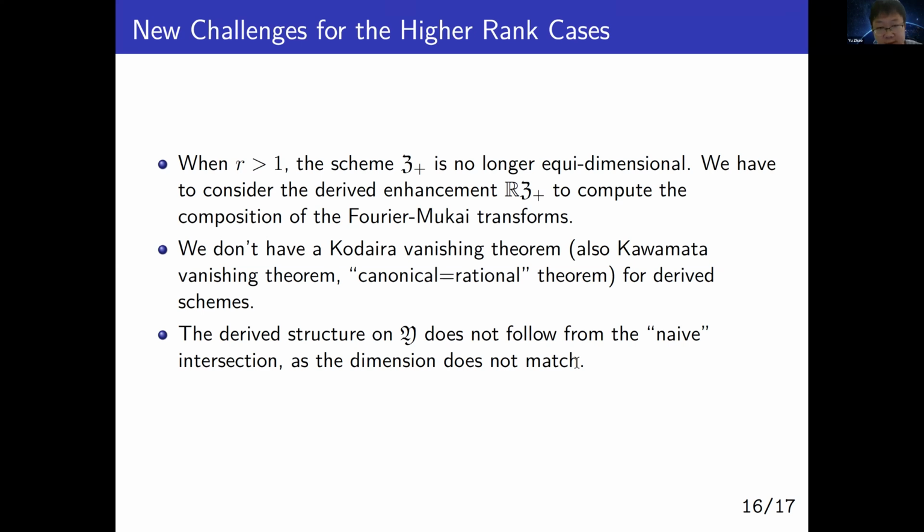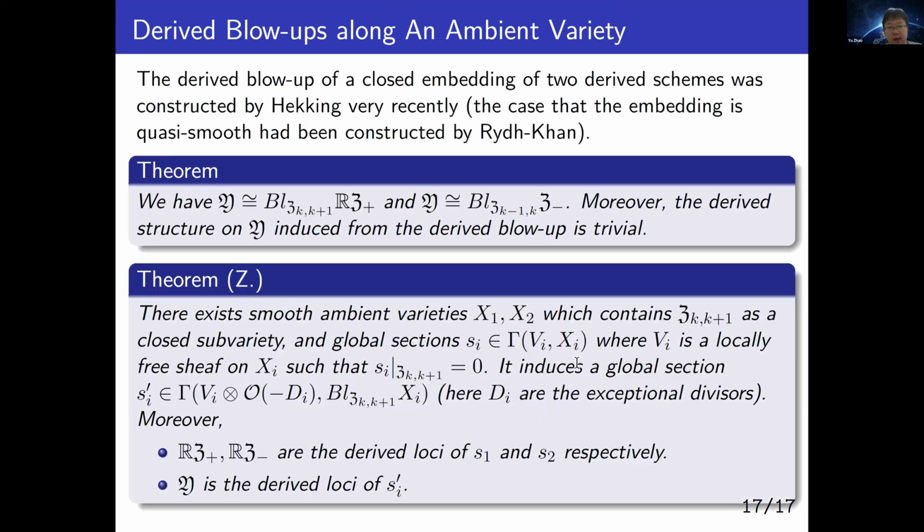What we finally realized is that we want to consider some derived blow-ups. Remember that Z plus and Z minus always have a diagonal part which corresponds to F0 equal to F0 prime. We want to show that Y is just the blow up of Z plus and Z minus through these diagonals.